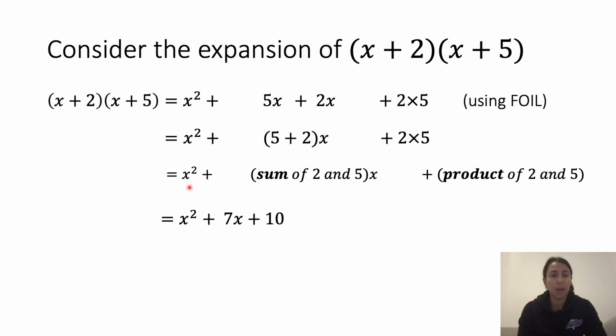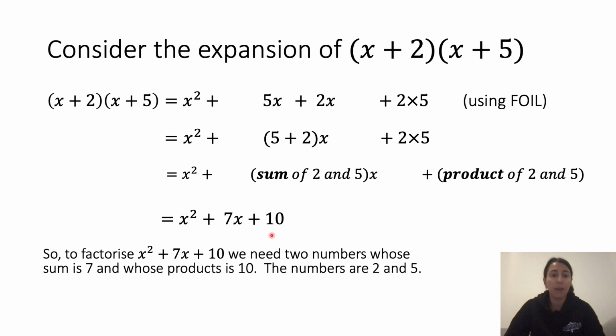So here we've got x squared plus the sum of 2 and 5. So remember the sum means to add together, and plus the product of 2 and 5, and product means to multiply. So I would get x squared plus 7x because the sum of 2 and 5 is 7, plus 10 because the product of 2 and 5 is 10.